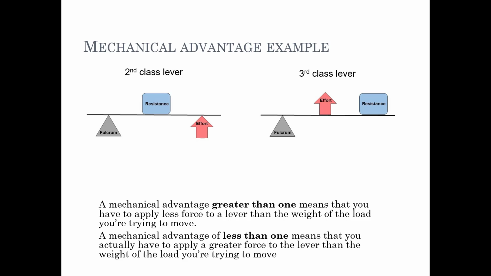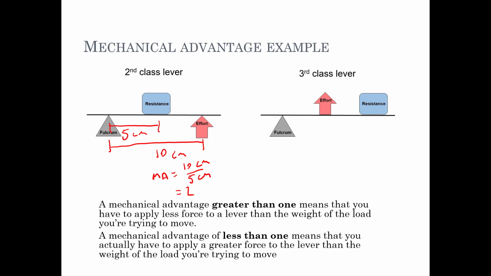That's okay, either one works. This is our effort arm, and this is the load arm. We're going to make this easy: this is going to be 10 centimeters, and this is going to be 5 centimeters. So we have the effort arm divided by the load arm. Mechanical advantage equals 10 centimeters divided by 5 centimeters. Mechanical advantage in this case is 2.